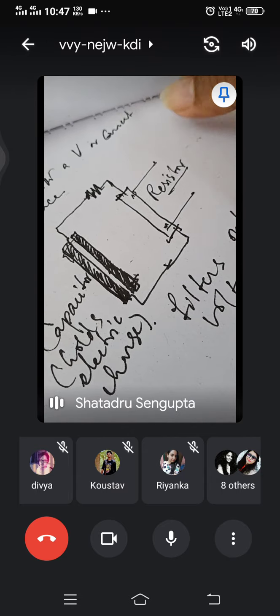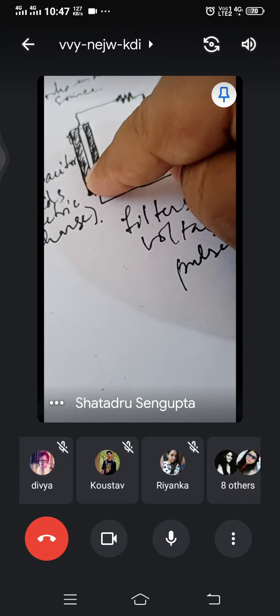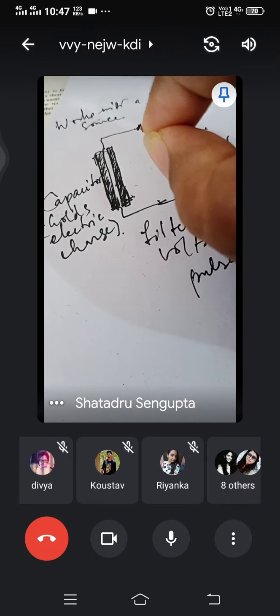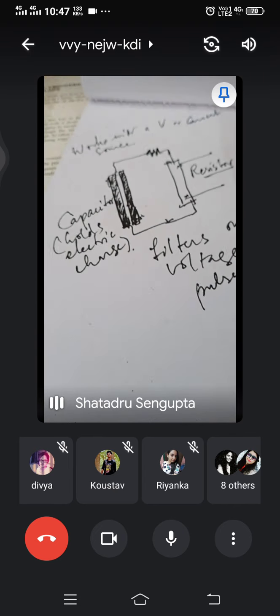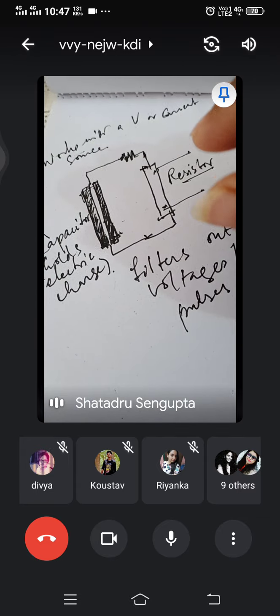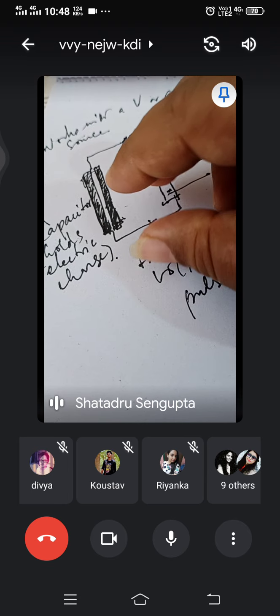Now the point is that this thing is very hard to fabricate on an IC chip in case of transistors. Transistors work with a very little amount of space. First of all, they are in the micrometer level.